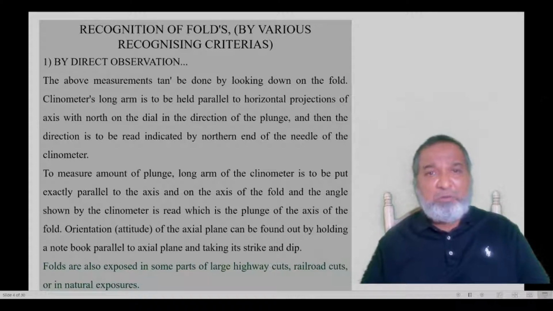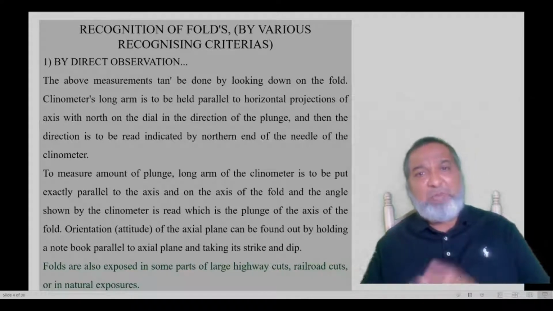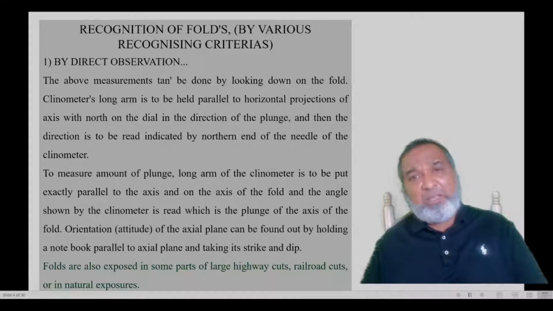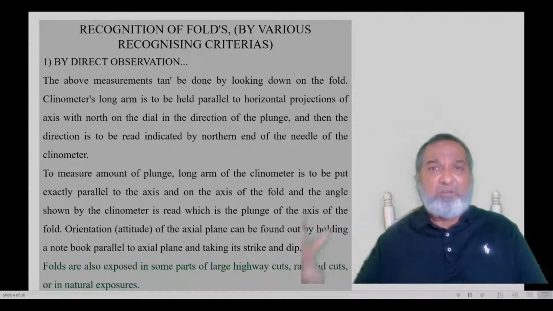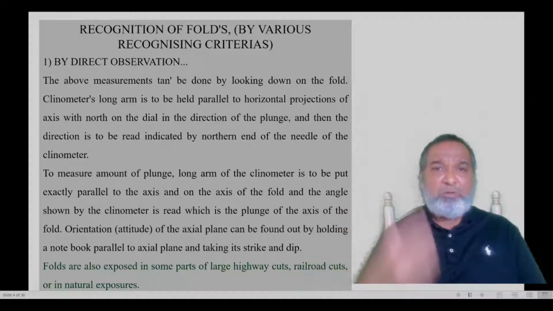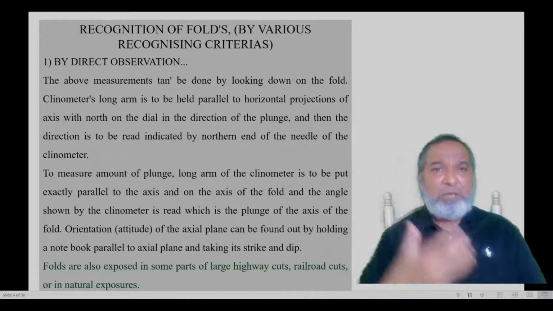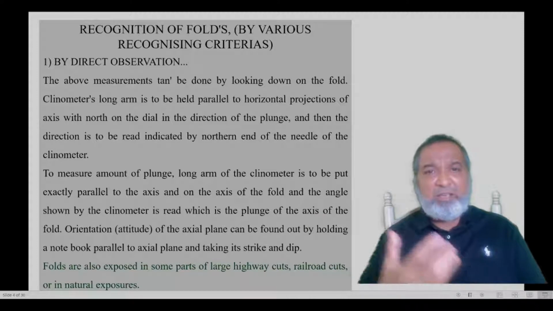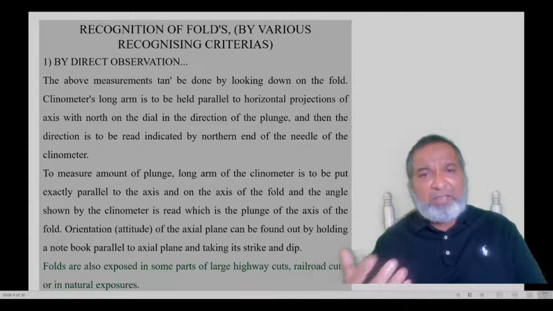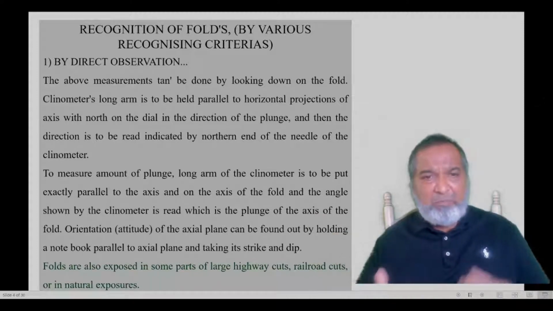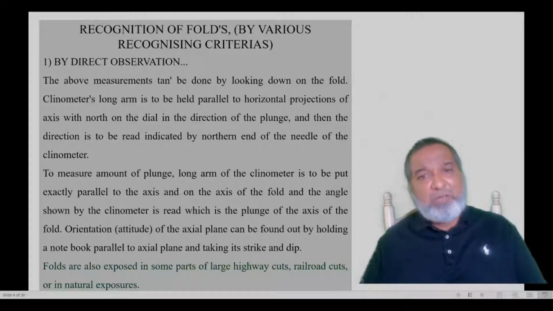Earlier, there was only the clinometer compass and the topographic map. With that, the geologist could go and study in the field what folds are there, what type of plunge there is, and what the fold axis is. They measured all the details with the clinometer compass.